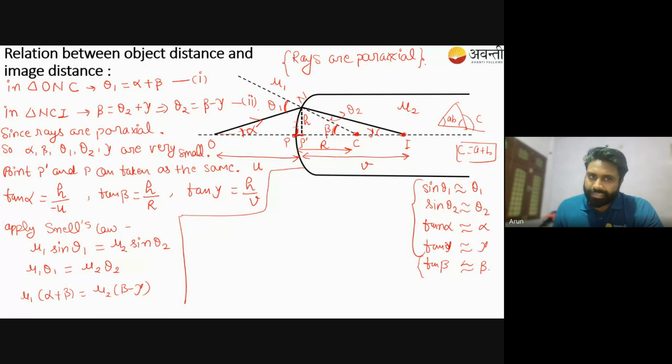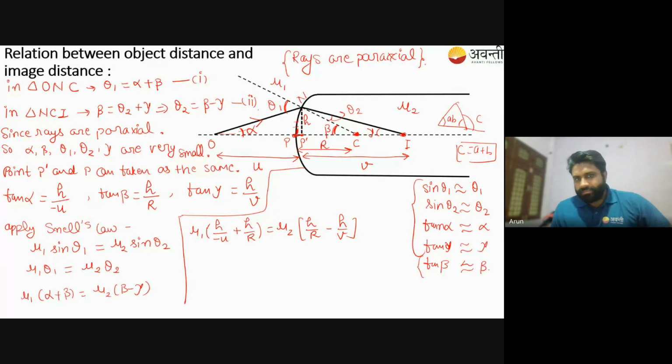What is the value of tan alpha? It is h by minus u. Put them one by one. mu1 times alpha, which is h by minus u, plus beta, h upon r, equals mu2 times. What is the value of beta? H over r minus h over v, the value of tan gamma.